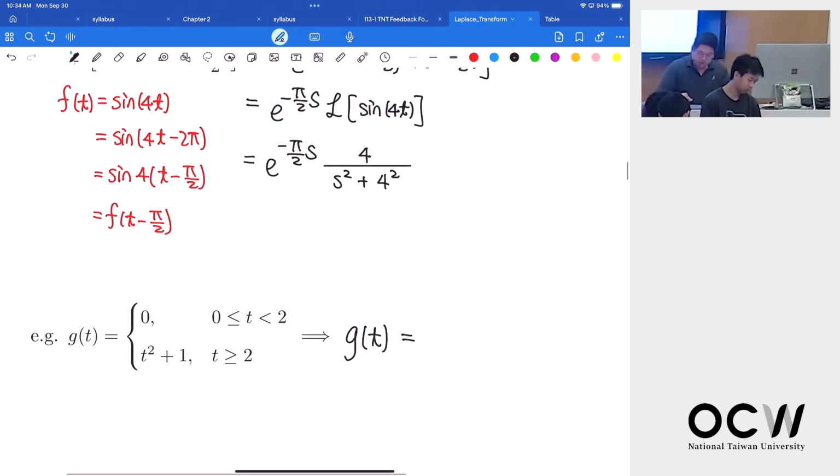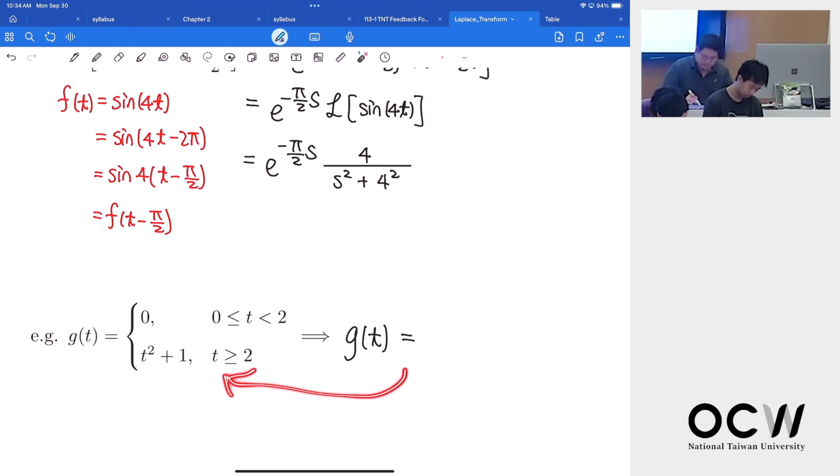Anyone? In terms of the different conditions, I can use one line with the Heaviside function to express the same function here. No?